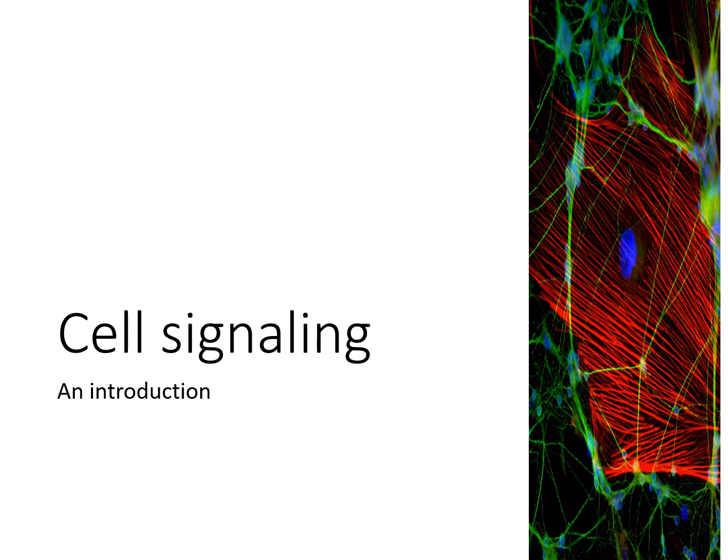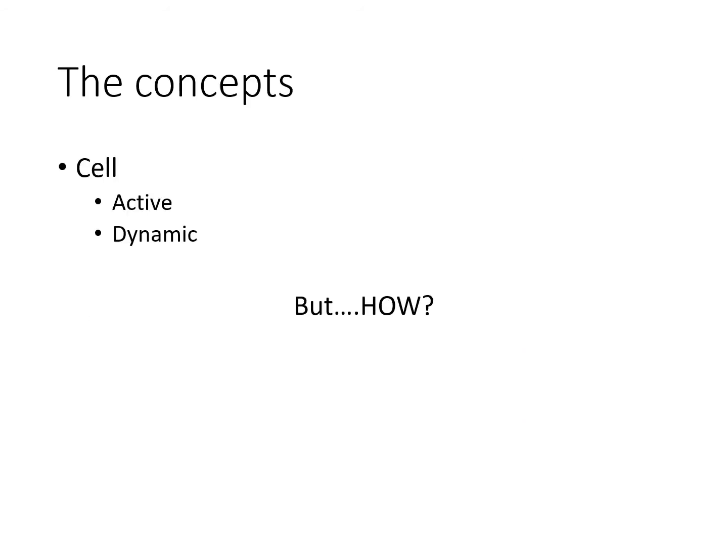to react to that. The basic concept of cell signaling depends on these two properties. The first is the cell is active, and second, the cell is dynamic. When we talk about the cell is active, what does it mean? Active means it has a metabolic activity.